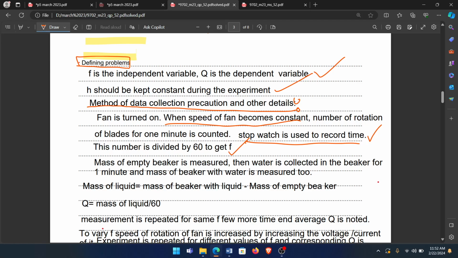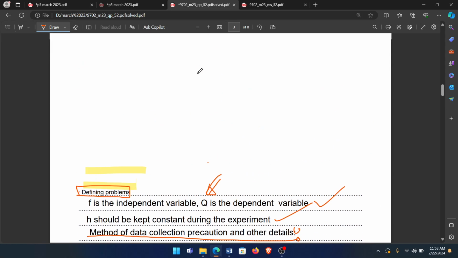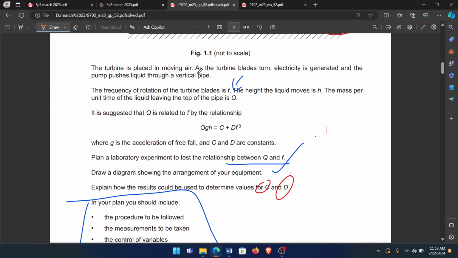Now look, for Q, measurement of Q. Q is the mass, but you cannot measure the mass directly. You have to collect it into the beaker, right? And one thing, Q is actually mass per unit time.